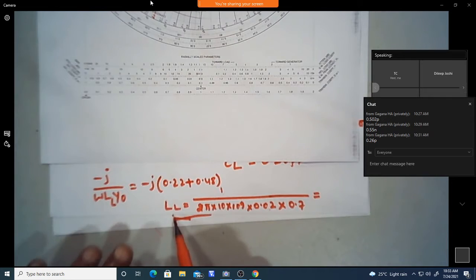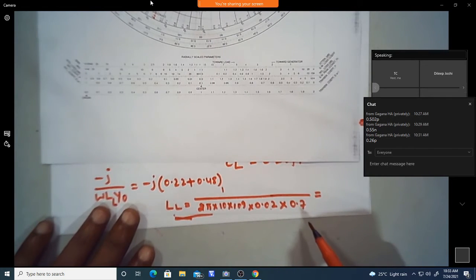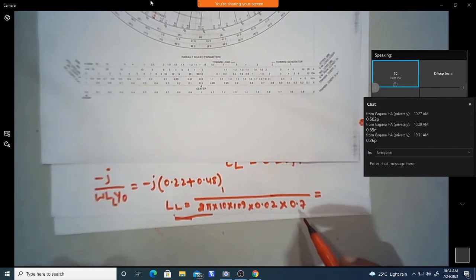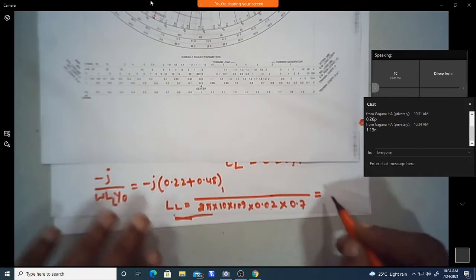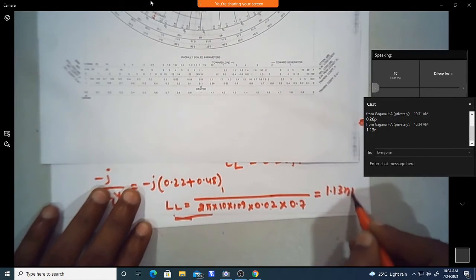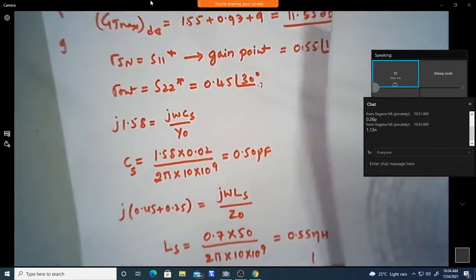What is the value of this LL? 0.13 nanohenry.